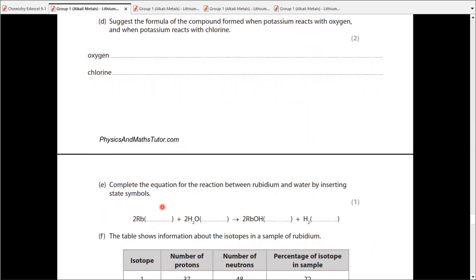No, it's not reaction with water, it's reaction with oxygen. So potassium oxide. But since we're talking about the formula, you need to tell me the formula and not the name. Though the name is correct, that's not how it works. One second. Let me just see the periodic table.